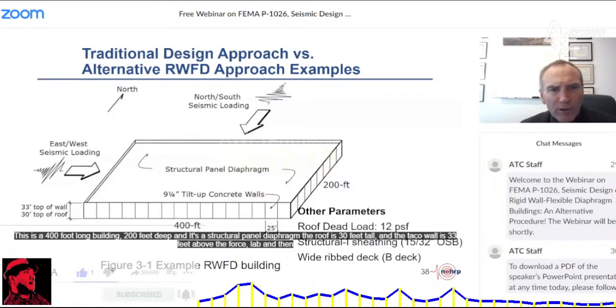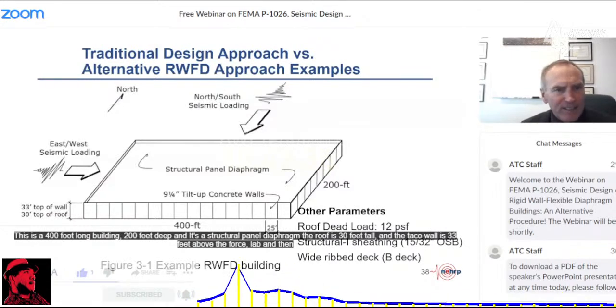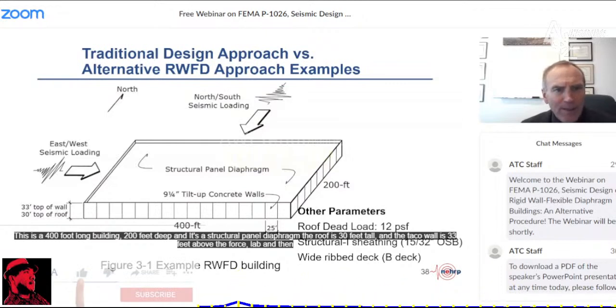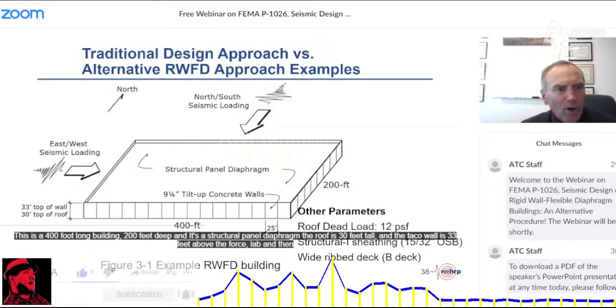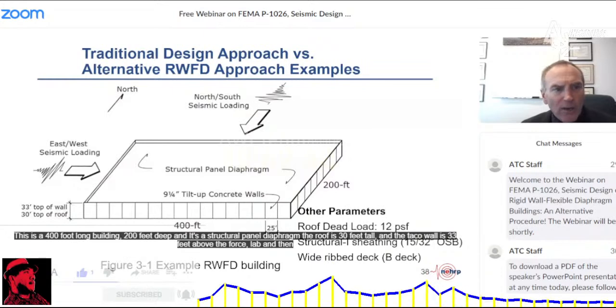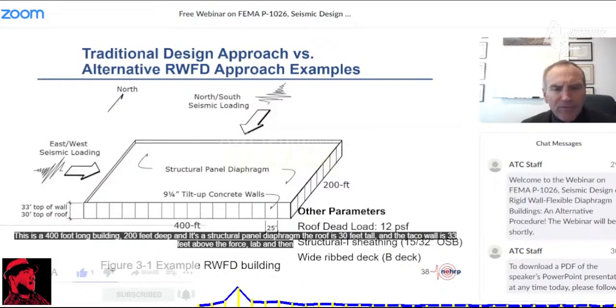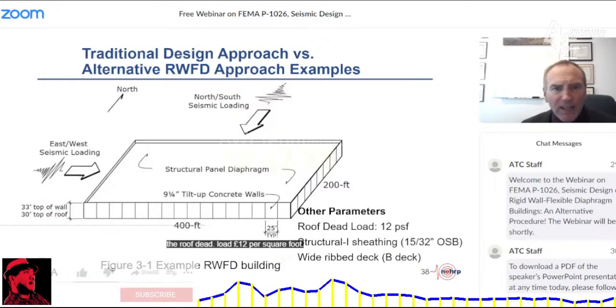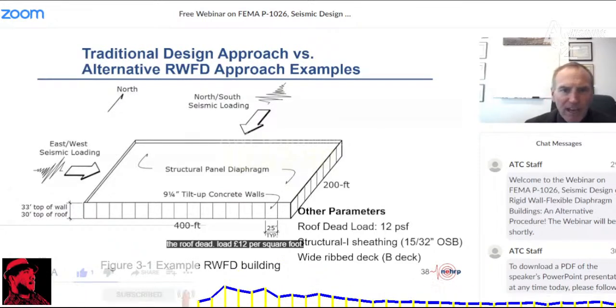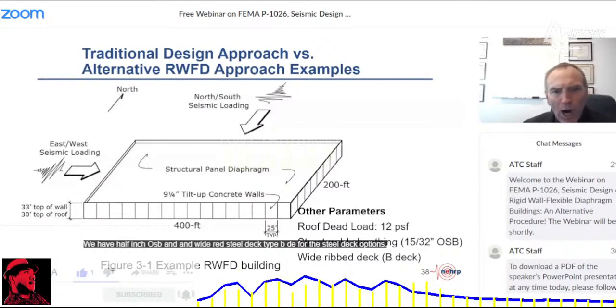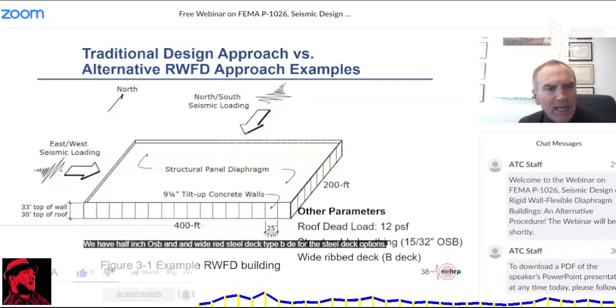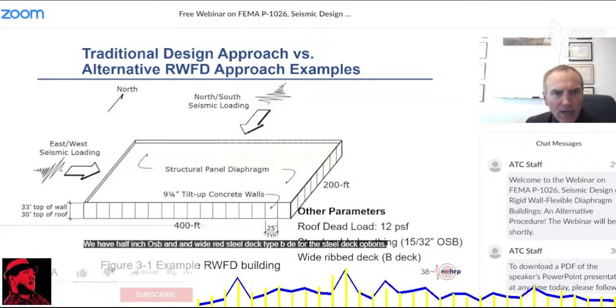This is a 400-foot long building, 200 feet deep, and it's a structural panel diaphragm. The roof is 30 feet tall, and the top of wall is 33 feet above the floor slab. And then the roof dead load is 12 pounds per square foot. We have half-inch OSB and wide rib steel deck, type B deck, for the steel deck options.